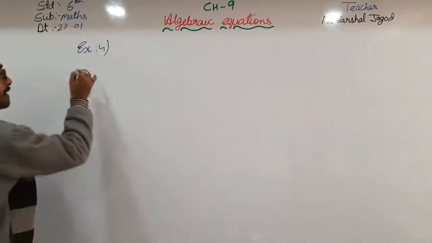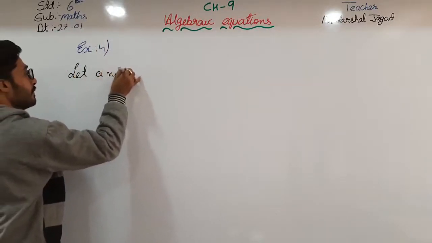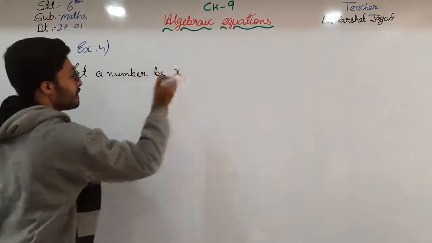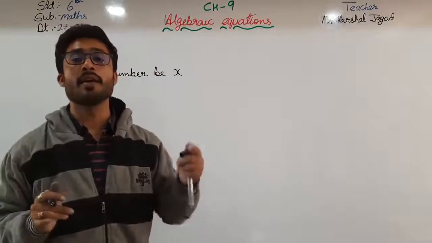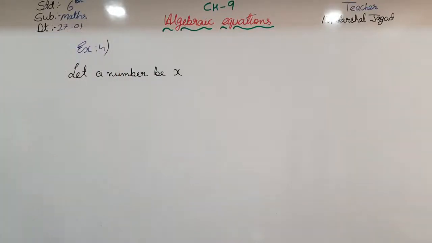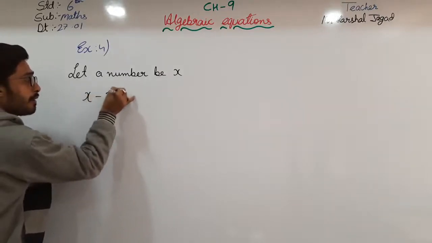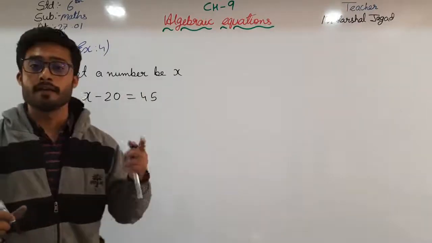So I can say, let the number be x. Repeating again, when we subtract 20 from a number, we get our answer, that is 45.